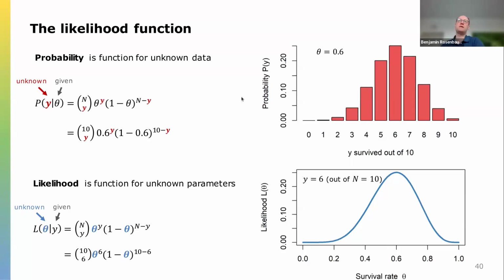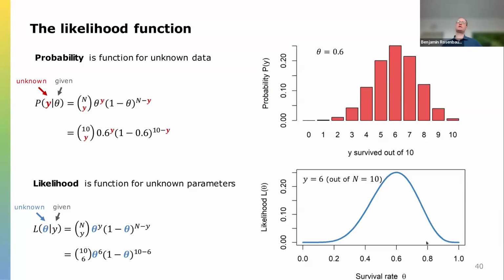And I chose this example specifically to show you, okay, even if we have a discrete probability distribution, discrete for the data, it will generate here in this case a continuous likelihood because the parameter here is continuous.